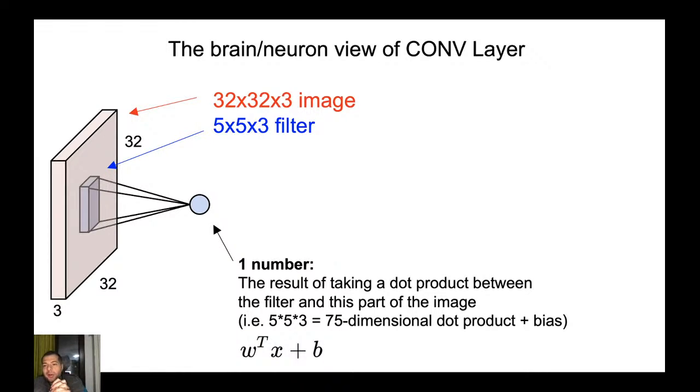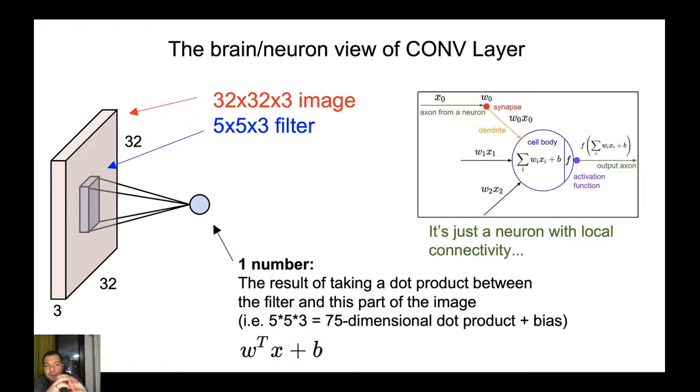So this neuron is connected only to this part of the input. And another constraint is that this same neuron is applied on different locations on the input image, and the weights are always the same. So the same neuron with the same weights is applied in different locations, and this is a constraint that further reduces the number of parameters.